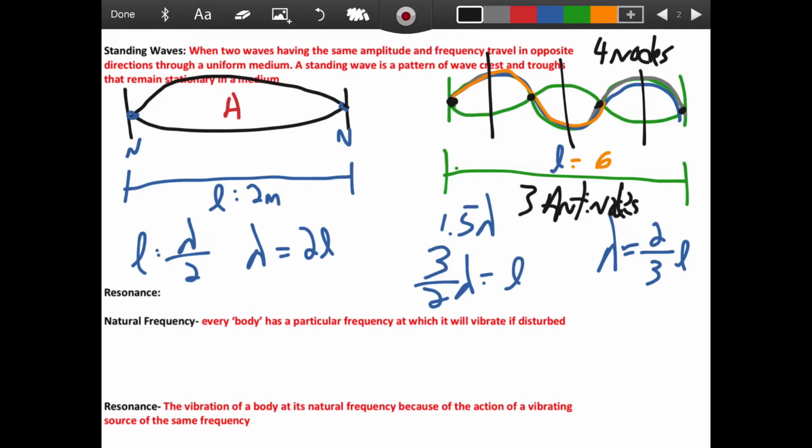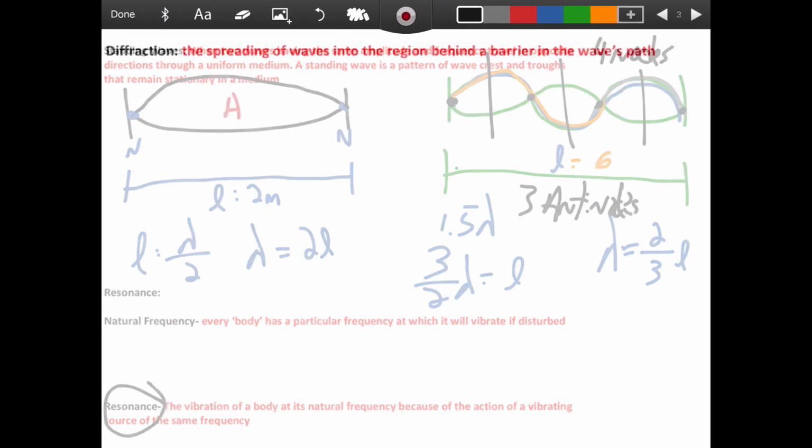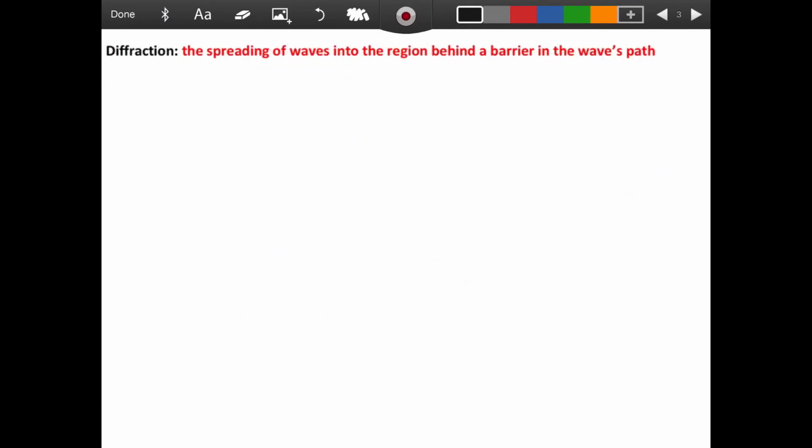So resonance is another example of wave phenomena, and I'm going to post a couple of videos that show this very nicely. Another wave phenomenon that we're going to introduce is diffraction, and basically that's just a spreading of waves into a region behind a barrier that's in the wave's path.